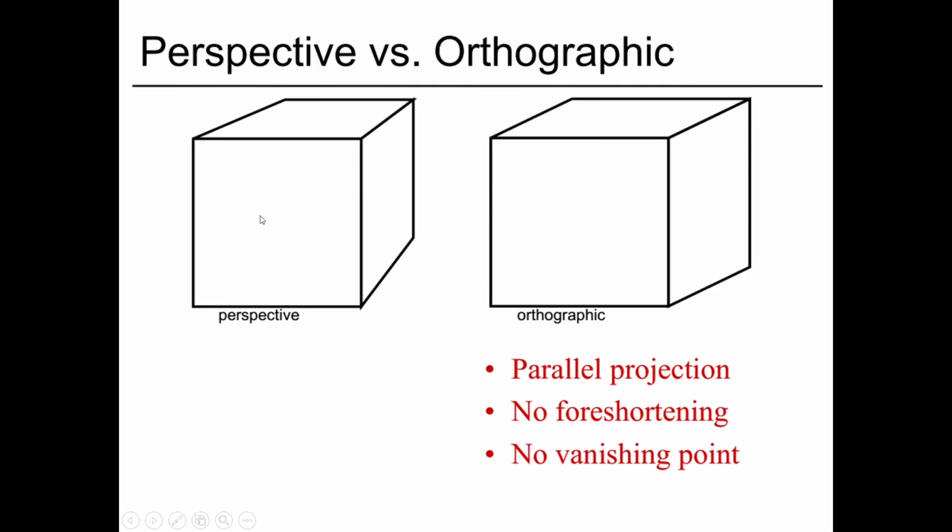For perspective projection, the image is seen as if the viewer's eye were located at the center of projection. All these parallel lines appear to move towards the center, right? So seeing a perspective projection would be as if your eye itself were at the center of projection at which they are trying to converge.